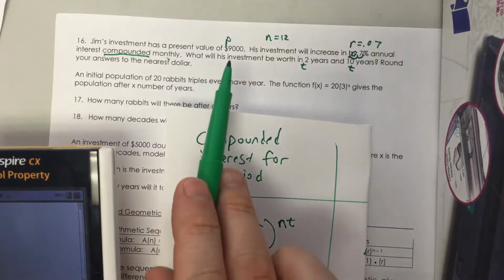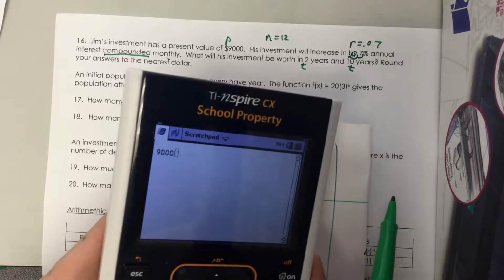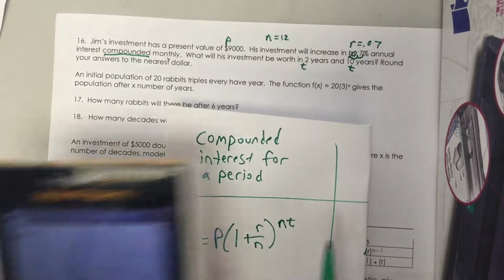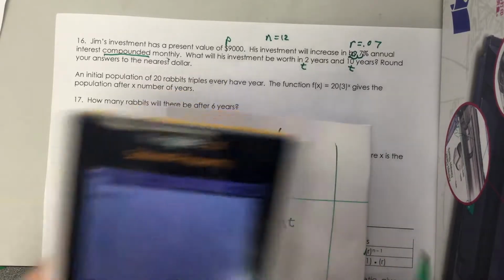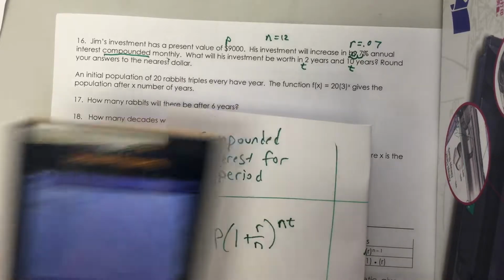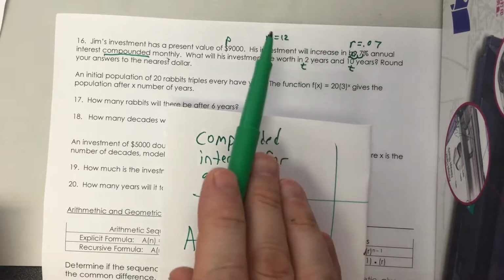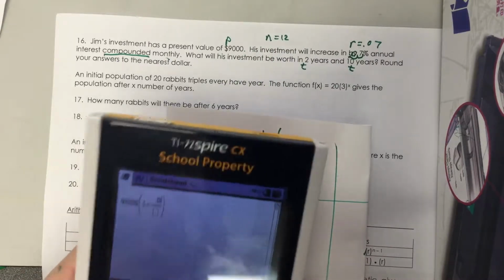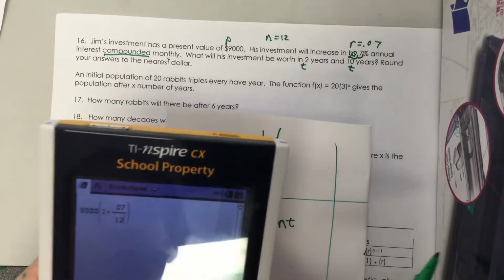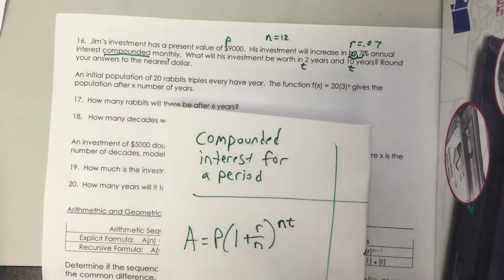P, which in this case is 9,000, then parentheses. 1 plus, I'm going to make a fraction template. There's my fraction boxes. R over N. My R is 0.07. My N is 12. 0.07 divided by 12. Go outside the parentheses.